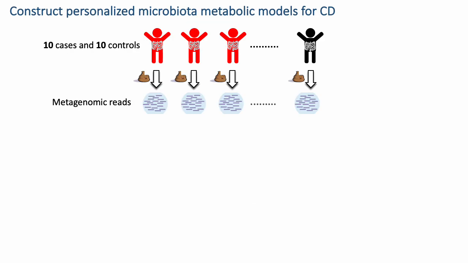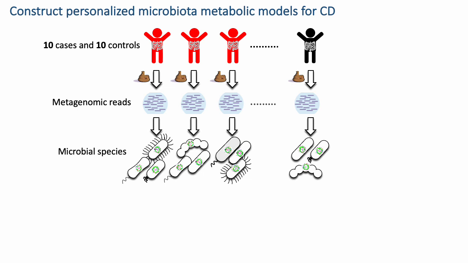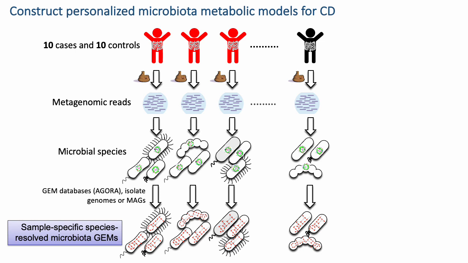We start with metagenomic data for each fecal sample, and then we perform taxonomic profiling to determine what microbial species or strains are present in each sample. And then we extract or construct metabolic models for each species in each sample by first mapping these species into databases of previously reconstructed gems of metabolism, such as the AGORA resource from Ines Thiele's lab.